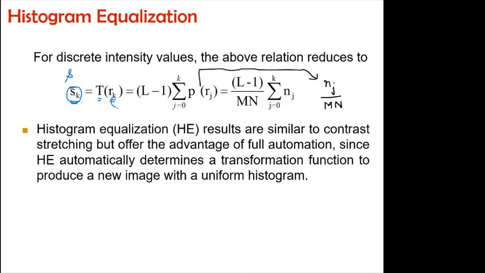This was in the old image. Now you have new intensity values coming, and how are they coming? By this equation. This is the equation to calculate the new intensity value. L minus 1 was there too. In place of integration, in the discrete case, integration changes to summation. That's all.